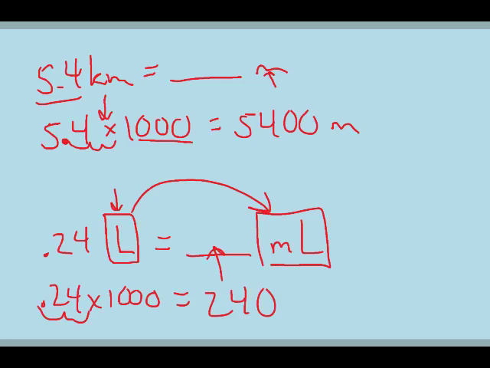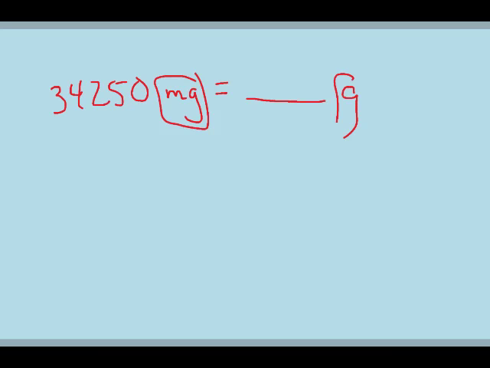All right, now let's get to a couple smaller to biggers. So that'd be something like 34,250 milligrams is how many grams? Okay, looking at the table, I already told you it's going to be a smaller to bigger. And in that case, the table says I'm going to divide by 1,000.